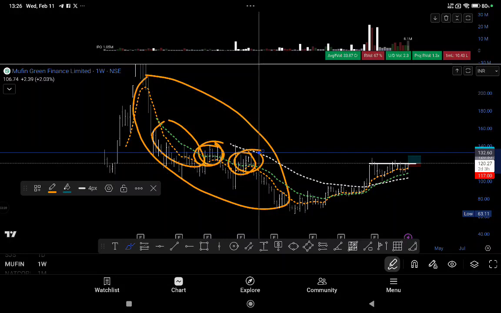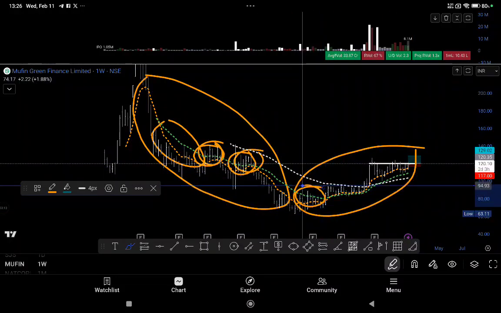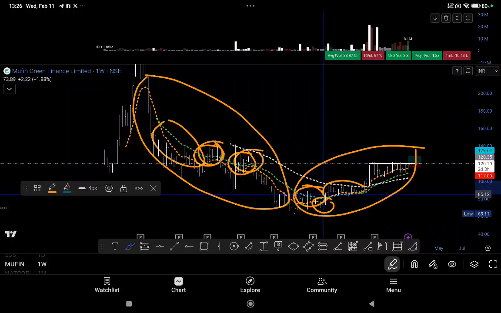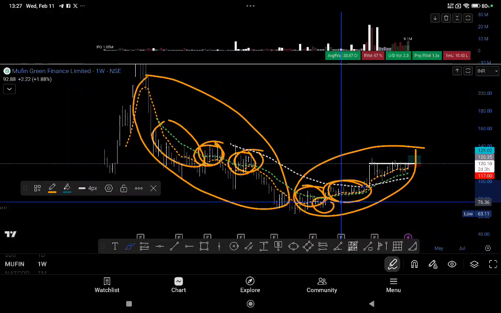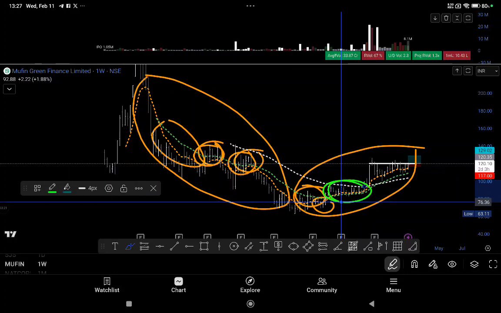Now you must have seen in this phase over here, the chart tried over here, slightly failed, then from this zone over here, which I shall change the color for you, from this green zone, the stock started remaining above the moving averages, correct? This is where the nature of the stock is changing.